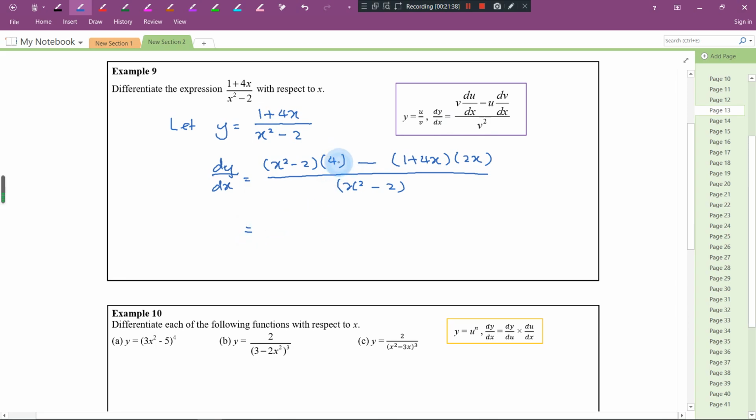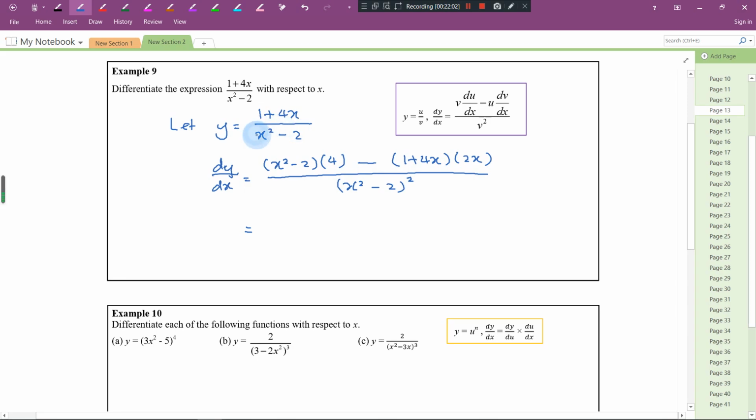Then for the next step you can try to continue, and you get exactly the same thing. Let me repeat again. Copy the numerator, copy the denominator, then differentiate this one, minus, copy the numerator, differentiate this one, and then over the, I forgot to write a square here.